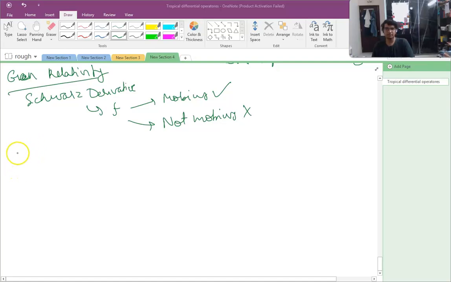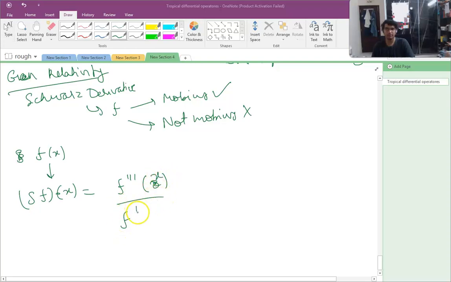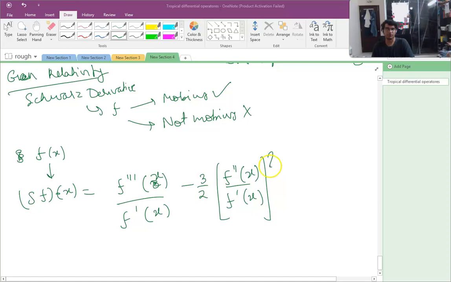So basically, if I take a function f of x and apply the Schwarzian derivative to it, I get f triple dash of x divided by f dash of x, minus 3 by 2 times f double dash of x over f dash of x, the whole squared.